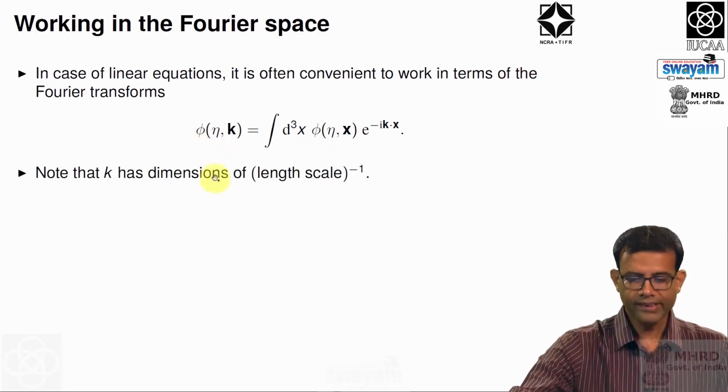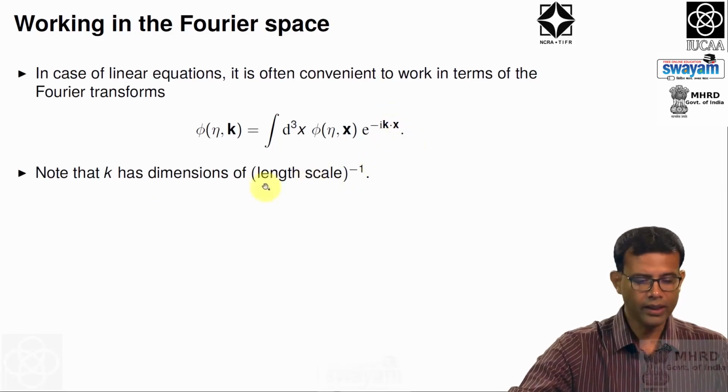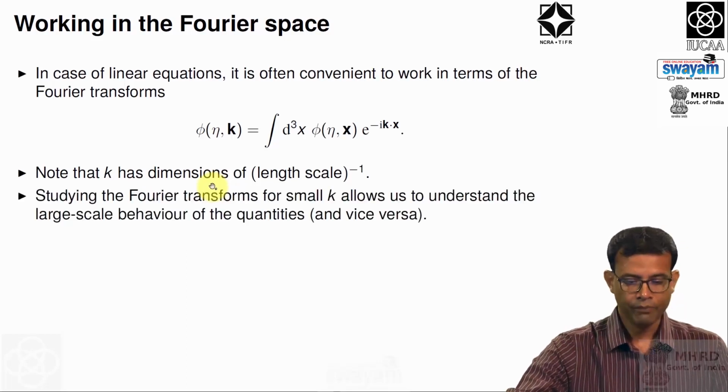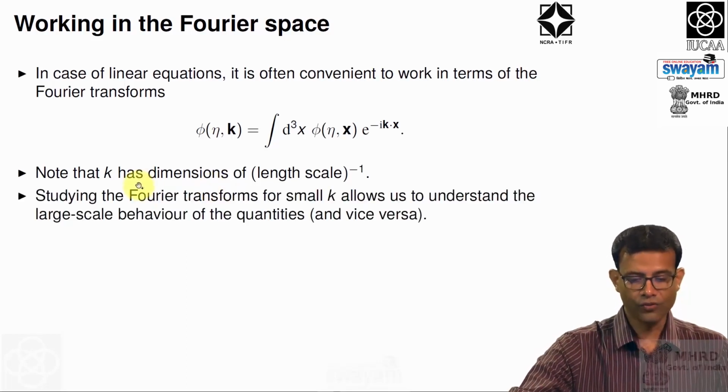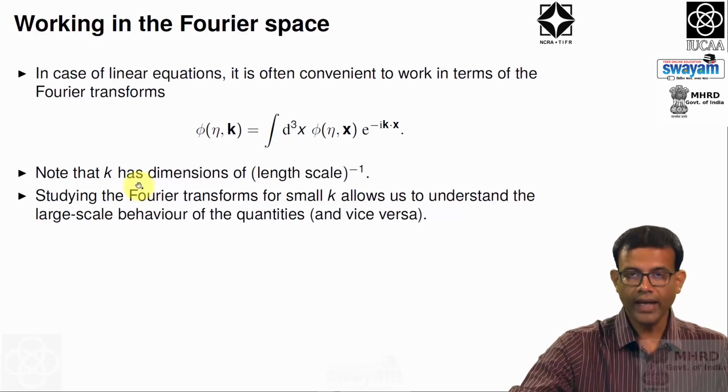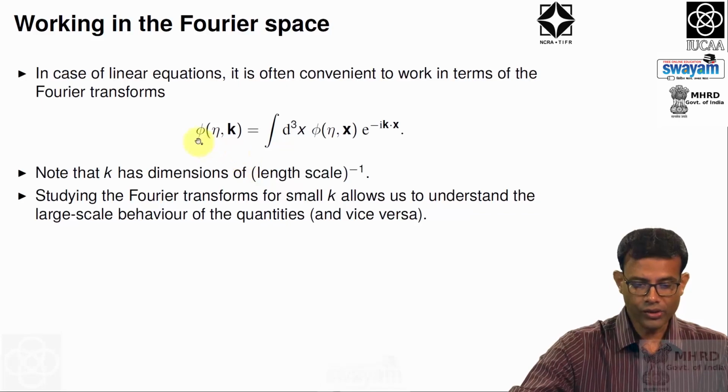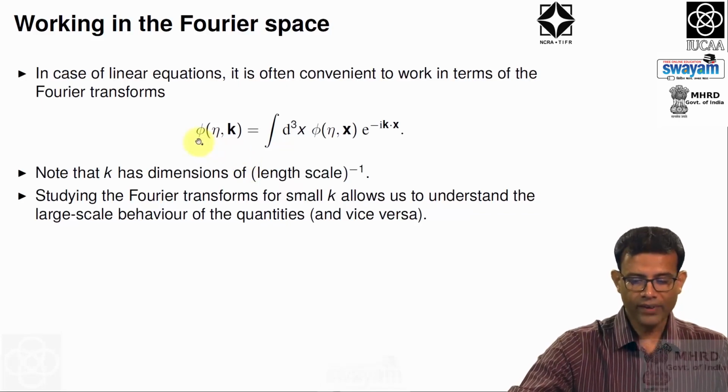Now, this k, as you can see, has dimensions of 1 over length. k dot x has to be dimensionless, so k should pick up the dimension of 1 by x. Studying the Fourier transforms as a function of k actually allows you to study various quantities at different scales.